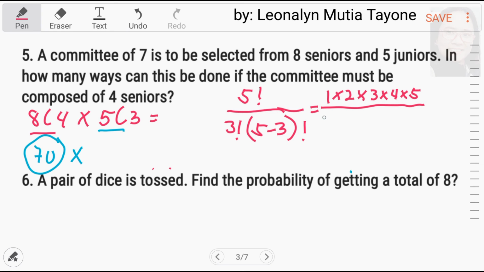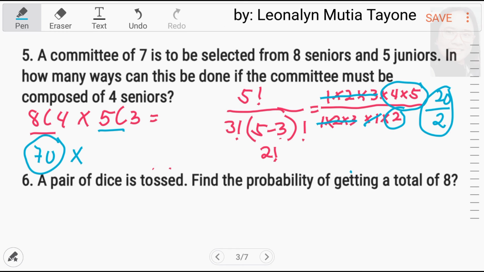Next is, ito ay times 1 times 2 times 3. 5 minus 3 equals 2. Factorial of 2. So, 1 times 2. I-cancel mo lang yan. Pareho lang din naman. Tapos, ignore mo na lang itong isa. 2 na lang ang natira. 5 times 4 equals 20 over 2. So, 20 divided by 2, and that is 10. So, ang equivalent dito ay 10.